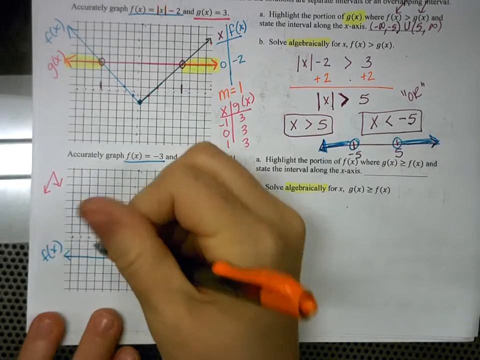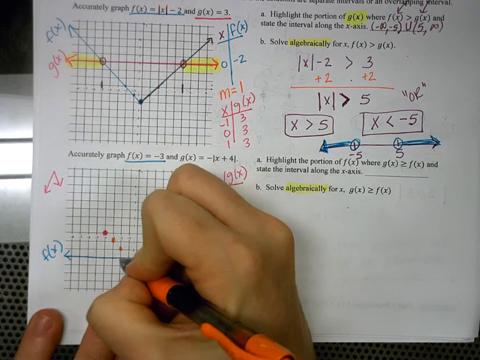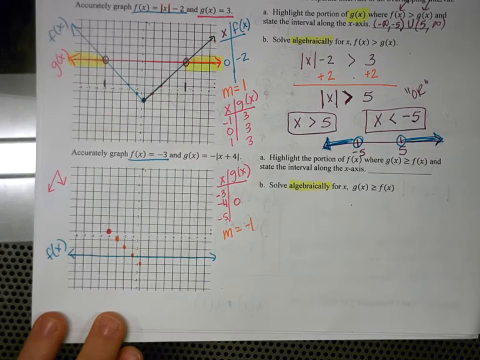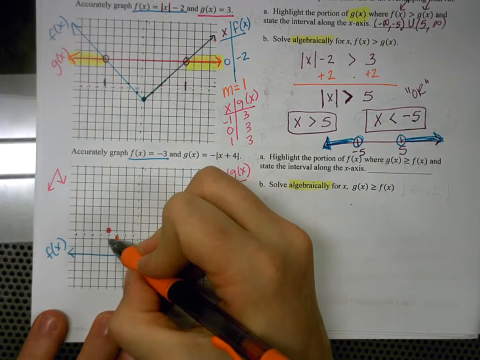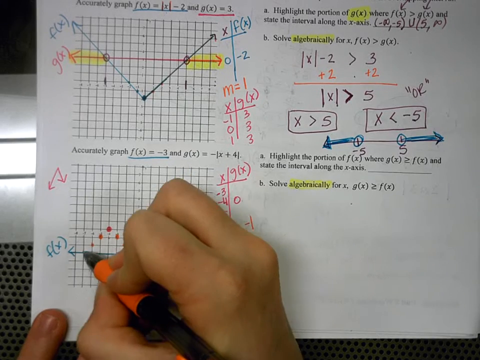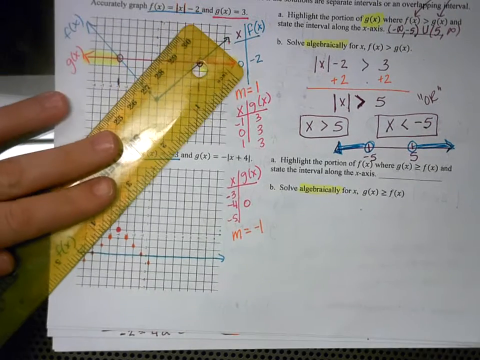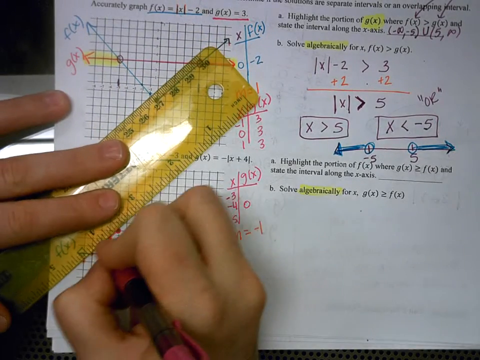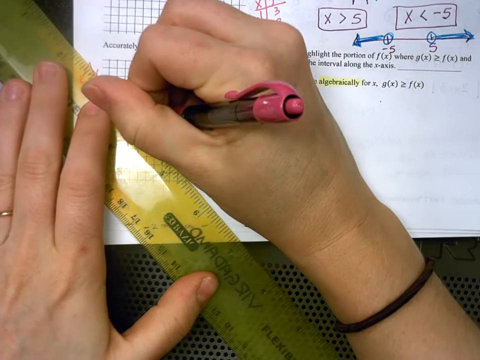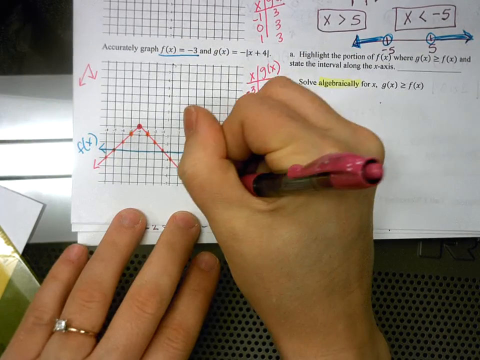So we're going to go down 1 over 1. Down 1 over 1. What other direction am I going? Down 1, left 1. Don't forget to label your function.